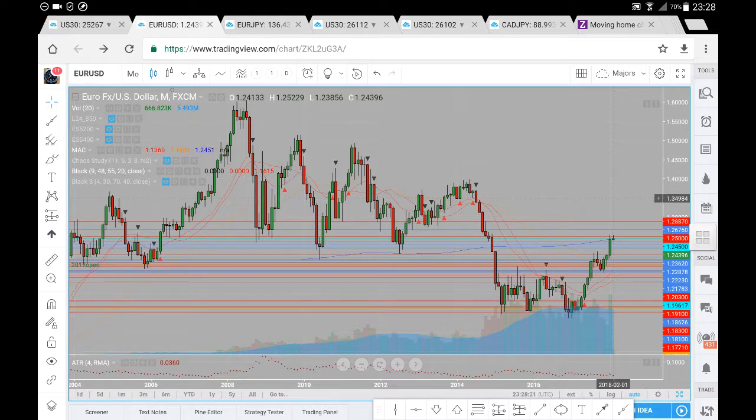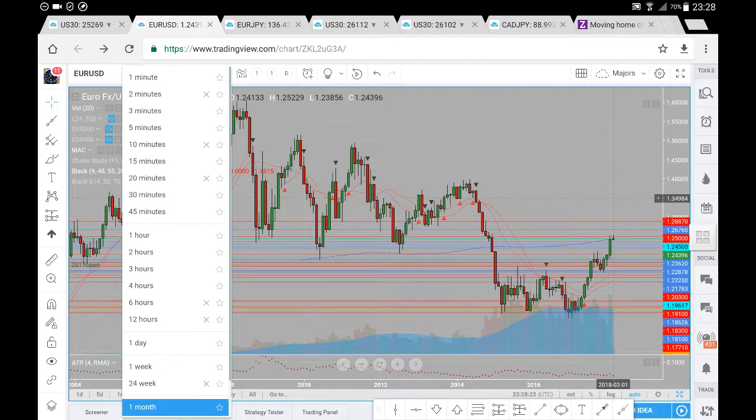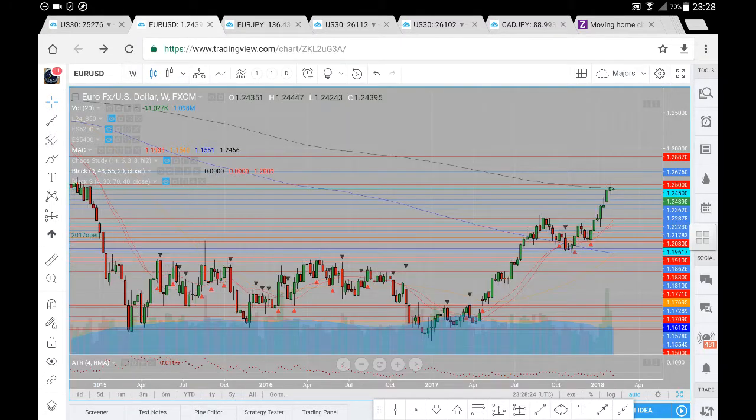Now let's just have a look at the weekly time frame. On this weekly time frame, it's much easier to see where we've come down and found support. We've had a gap up. We've not filled the gap after the French elections. We've had a strong move upwards, a brief pullback down beneath the 200 period moving average. Brief move up, pullback, and strong continuation up towards this 125 where we are.